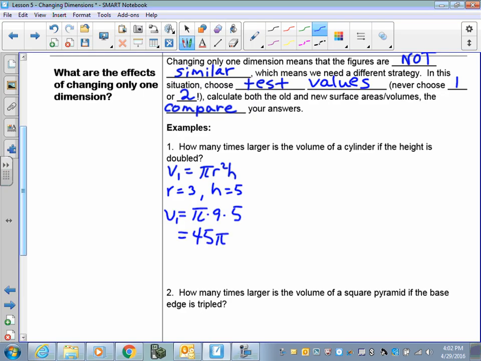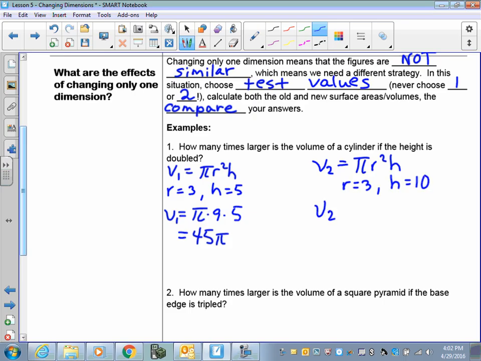Okay, and so for our other cylinder, cylinder 2, we got the same formula for volume, pi r squared h. And this time the height is doubled, so r is going to remain 3, but h is now going to be 10 because we're doubling the height.